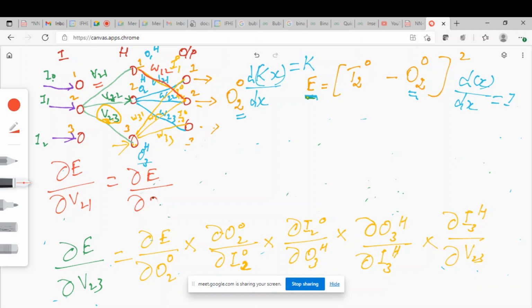O2 depends on I2. That is, the output of the second neuron of the output layer depends on the input of the second neuron of the output layer. Then the output of the first neuron of the hidden layer.